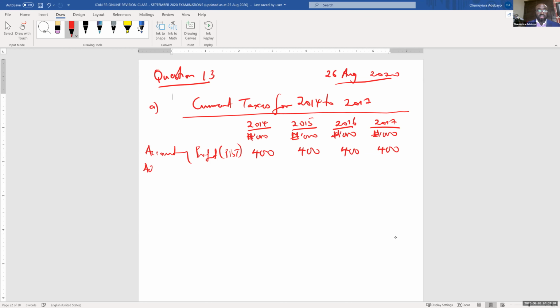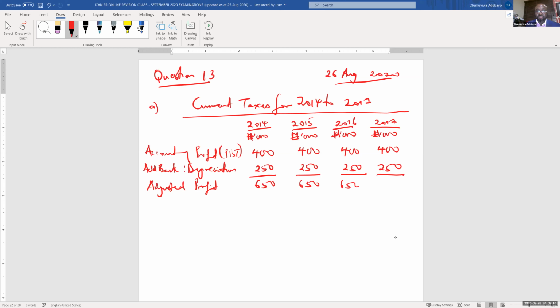And recall, we added back our accounting depreciation, which was straight line depreciation of 250 across the 4-year period. From there, we're able to obtain our adjusted profits, which stood at 650 across the board.